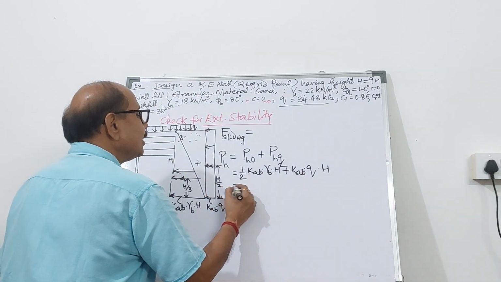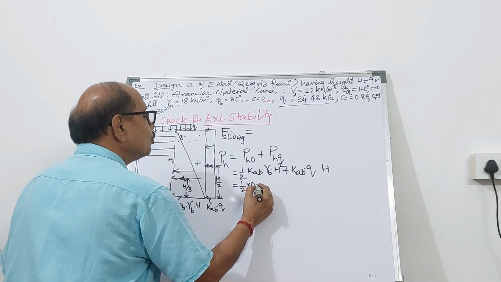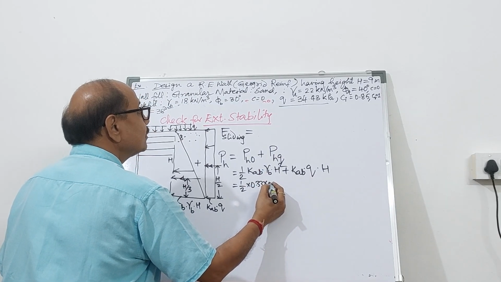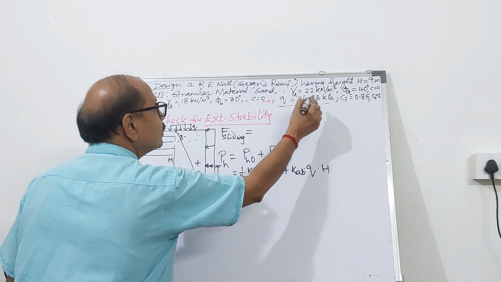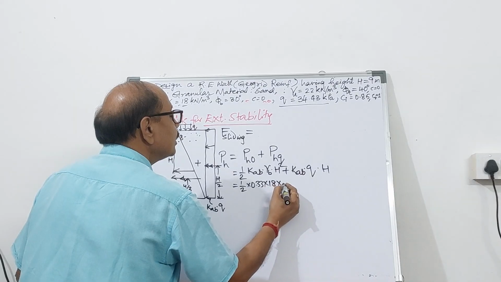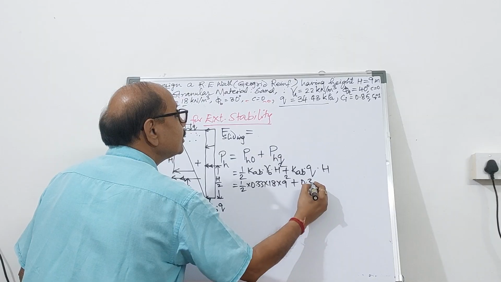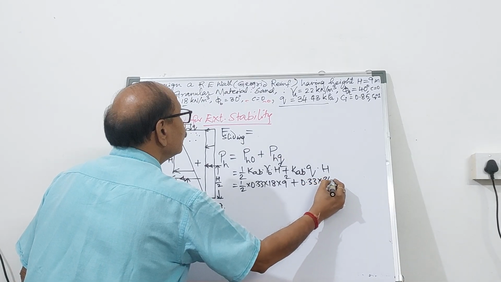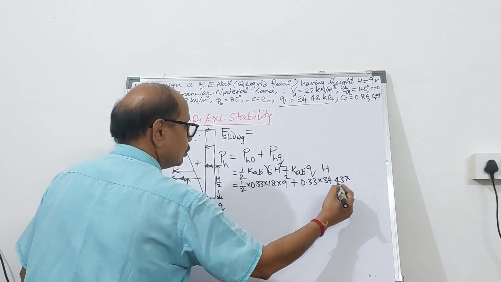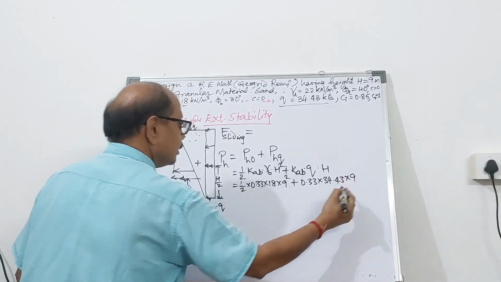This will be half KB for 30 degree will be 0.33. Gamma B is already given as 18. H is 9 square, 0.33, 34.43 into H, and H is 9 meter.